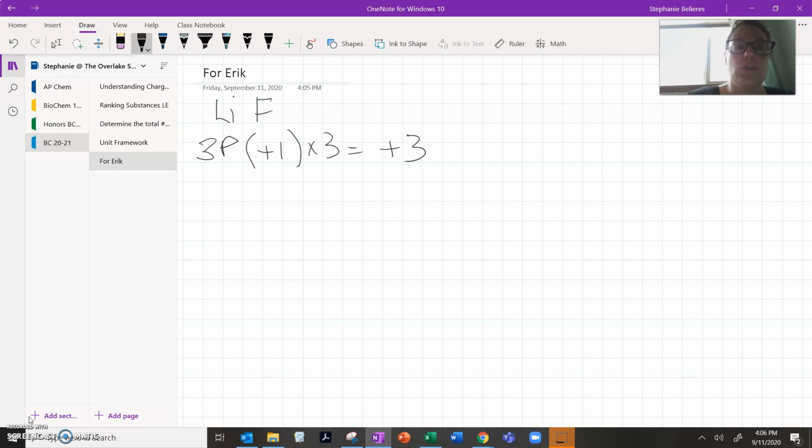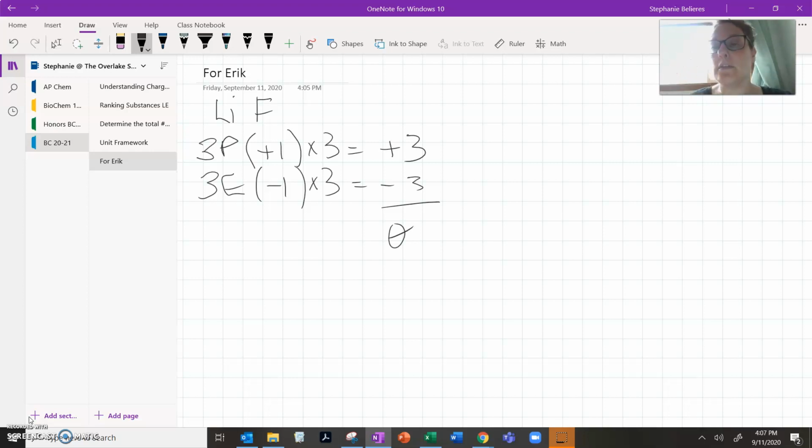And when it's neutral, 3 electrons, which are -1 times 3, which is -3. So if I sum all of the subatomic particles of a lithium atom, the sum is 0, because I have as many protons in the nucleus as I have electrons on the outside.